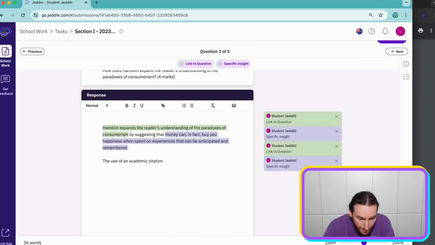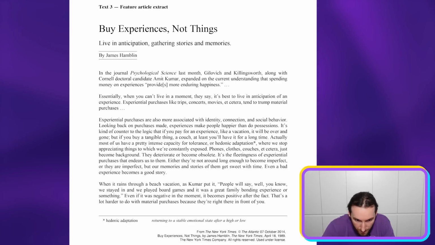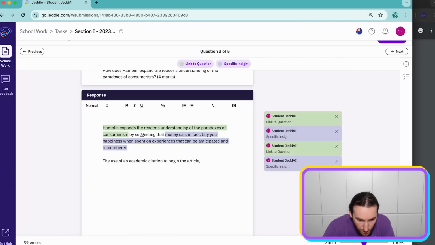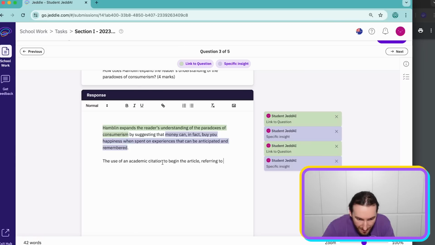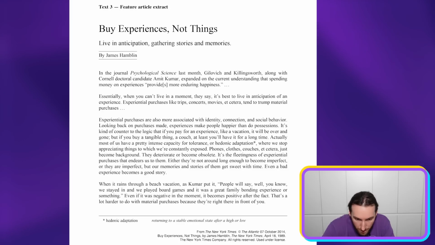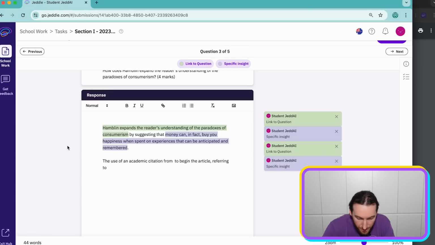The use of an academic citation to begin what is this? It's an article, okay? To begin the article, the use of an academic citation to begin the article, referring to the journal, or we can say the use of an academic citation from psychological science. You could just do a single quotation mark here if you wanted.